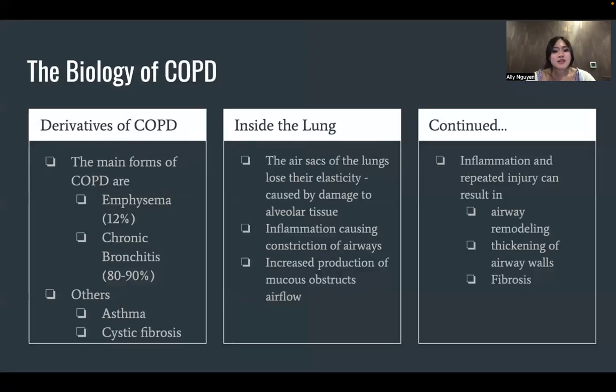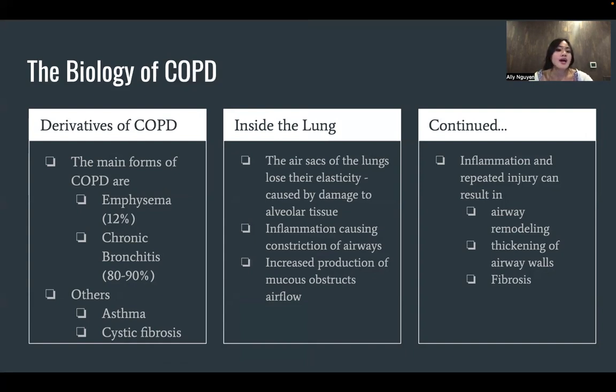Now, the main derivatives of COPD are emphysema, which is characterized by alveolar damage caused from cigarette smoke, and chronic bronchitis, which is inflammation of the bronchi that can exhibit mucus production. In emphysema, because the alveolar tissues are damaged, they lose their elasticity.